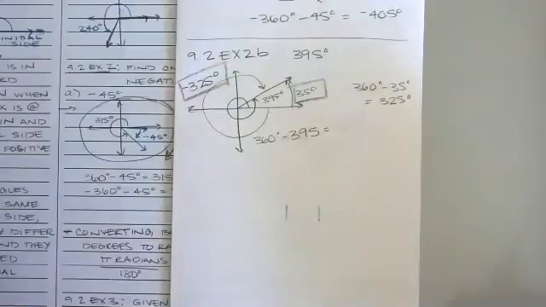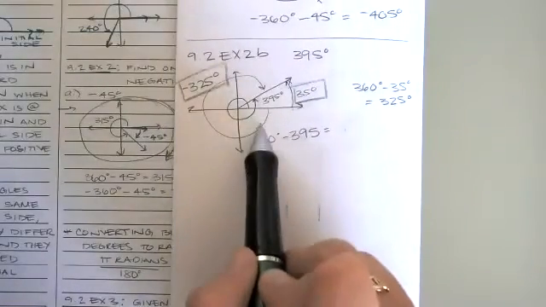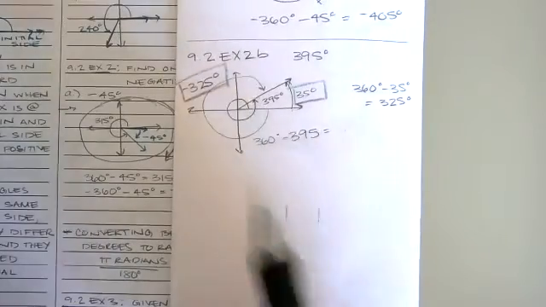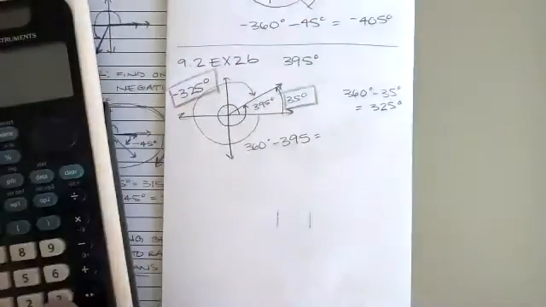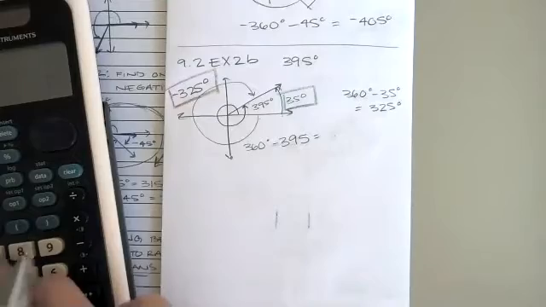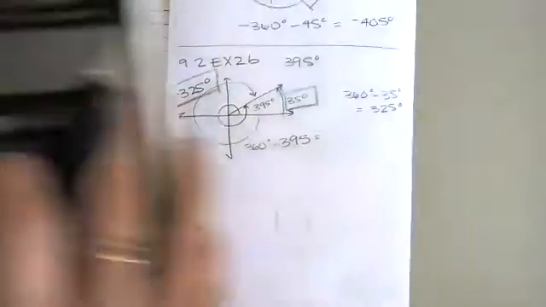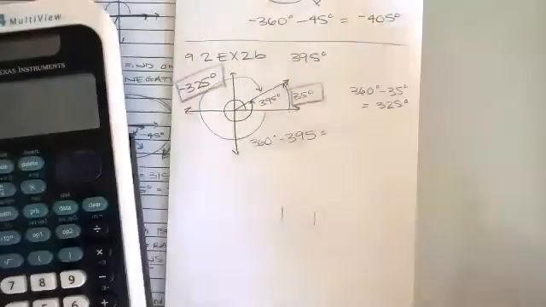Everybody's okay with that part, right? But 325 degrees is going to be over here. That won't be coterminal. But that still doesn't do it.